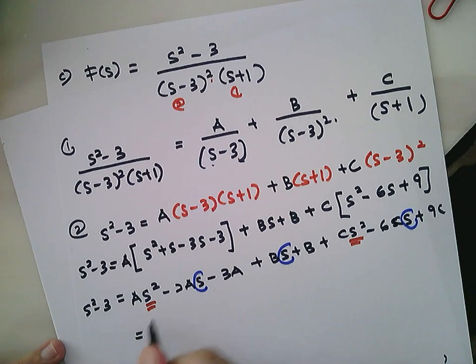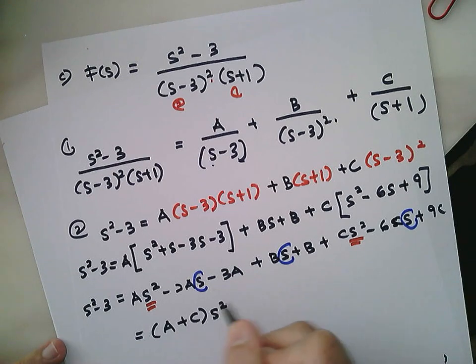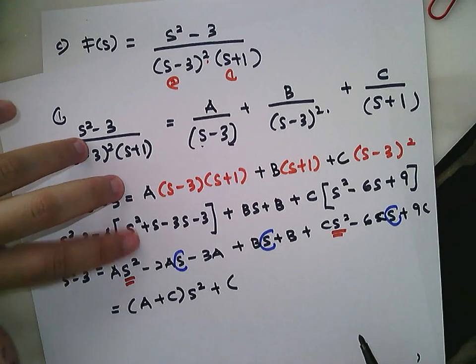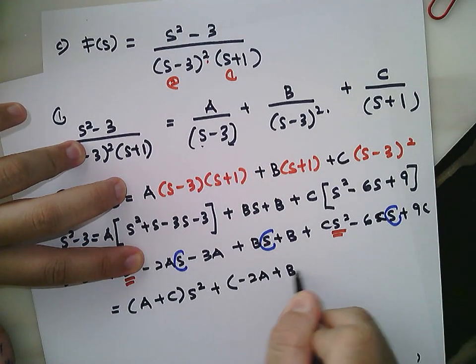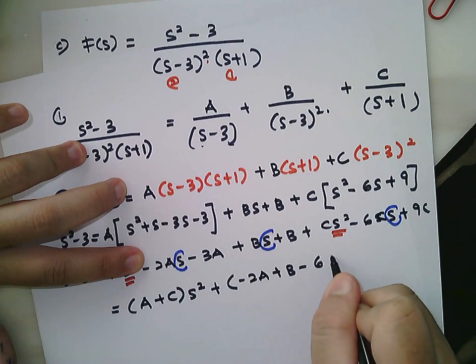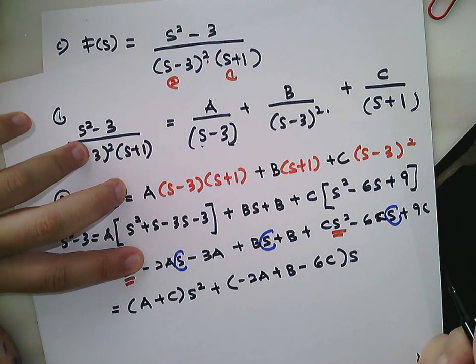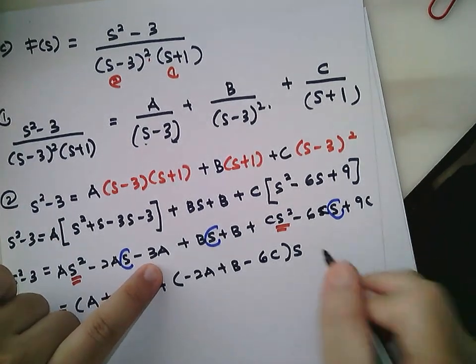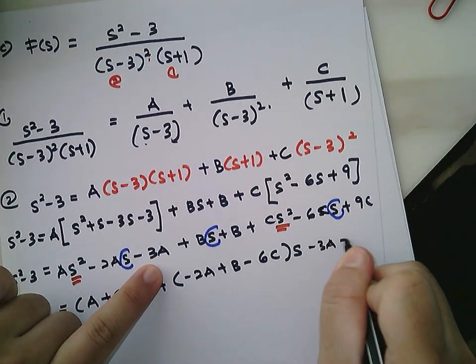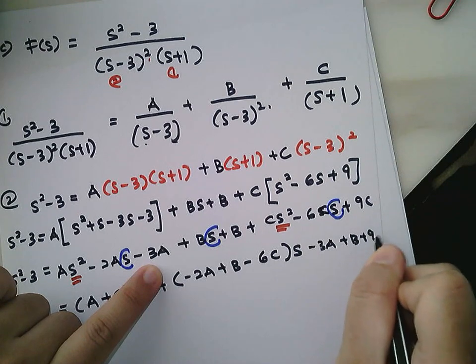So if you factorize the first one you will have (A plus C) s squared, plus, for variable s, you will have (negative 2A plus B minus 6C) s. And the last one is a constant, which is negative 3A plus B plus 9C.